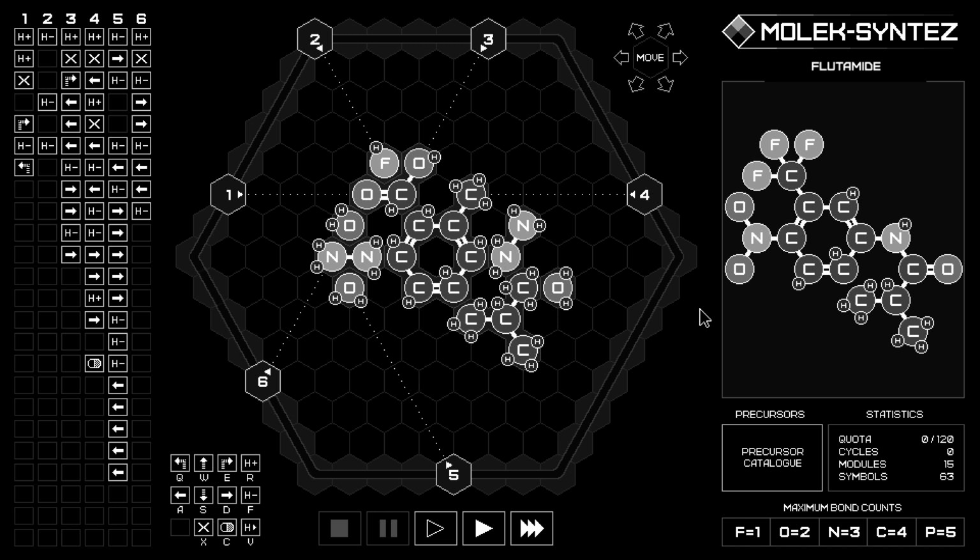So let's get into the actual structure and how I synthesize it here in Molek-Syntez. I used 1 toluene precursor, I used 1 isobutane precursor, I used 2 hydrogen precursors, 3 water molecules, 1 formic acid precursor, and 1 hydrofluoric acid precursor.